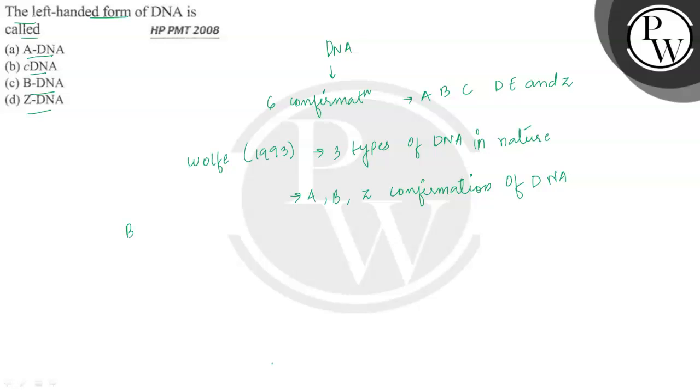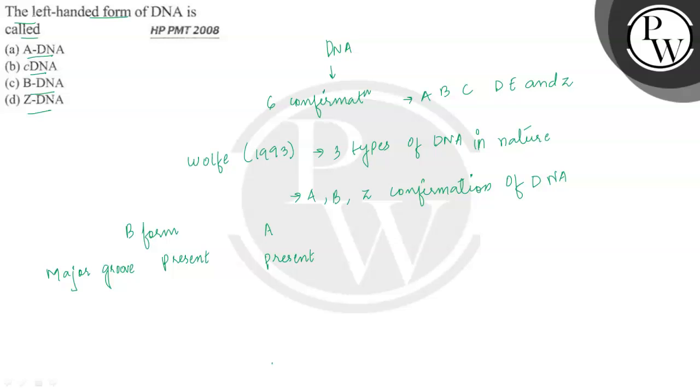How are these 3 different from each other? So, in B form, we see that there is presence of major groove. In A form, it is also presence of major groove.